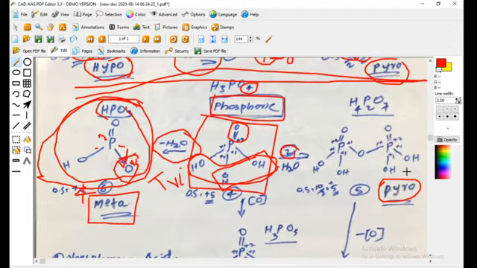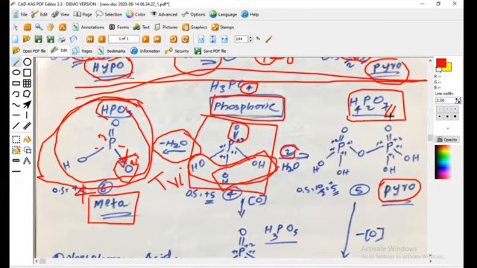So here the molecular formula will be H4P2O7. How? Here the dimer would be H6, we remove 2 hydrogen, so hydrogen is 4, 2 phosphorus will be there, and for oxygen, dimer 8 minus 1 for H2O, it will be 7.